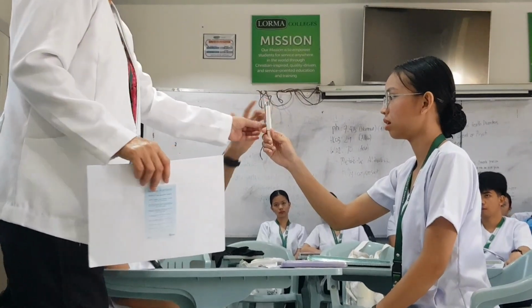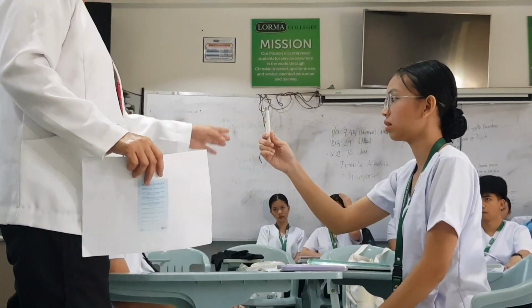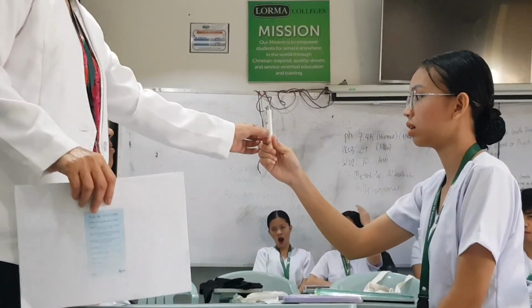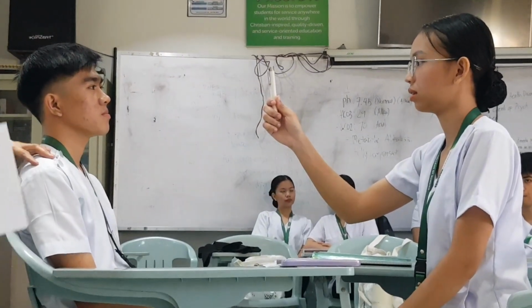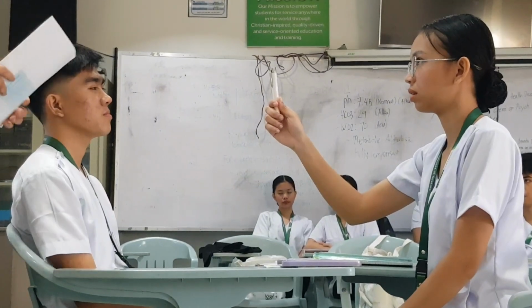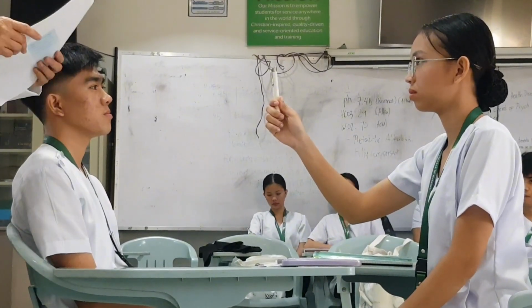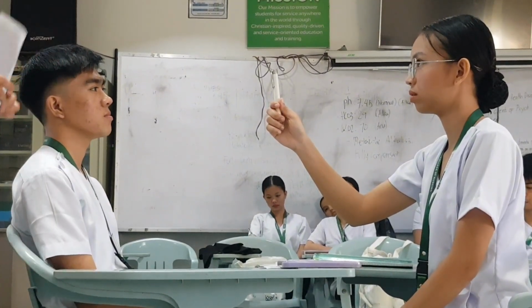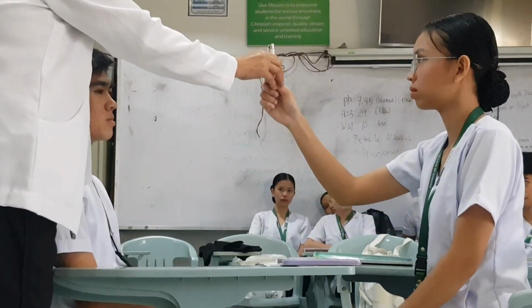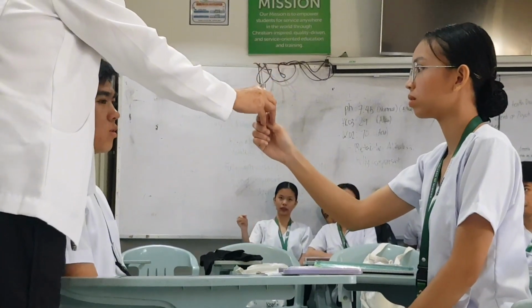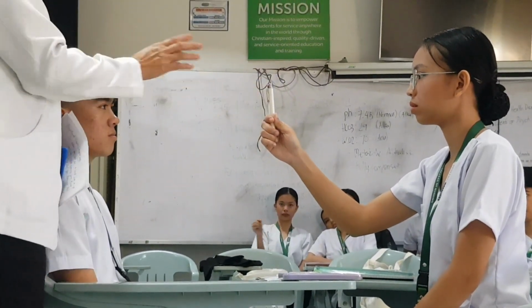With the pen light, you go first to right upper, the superior rectus. When you show this, always go to the middle and then right.